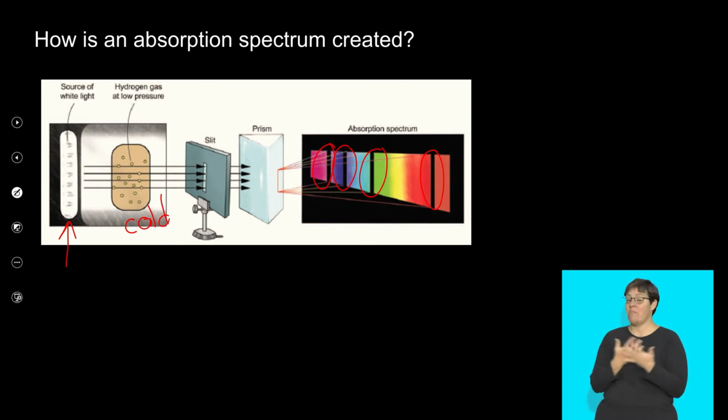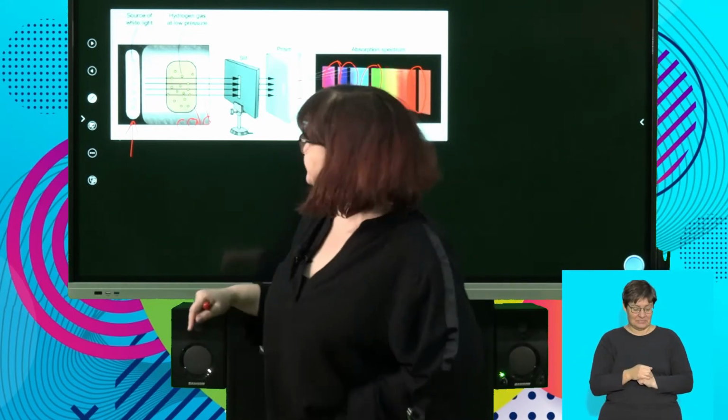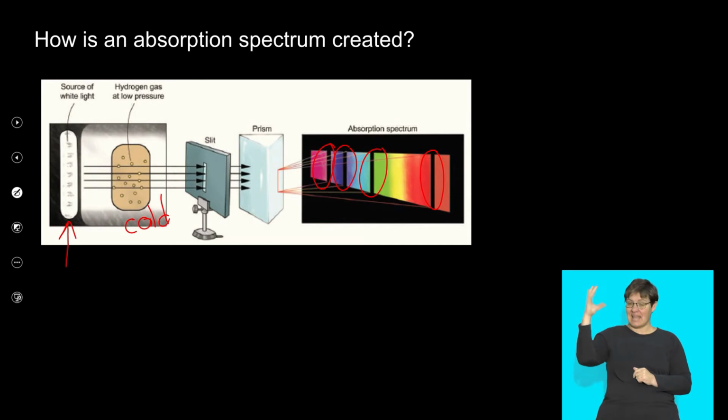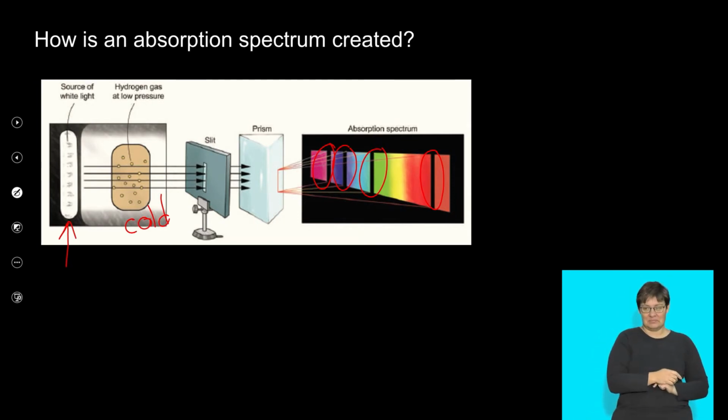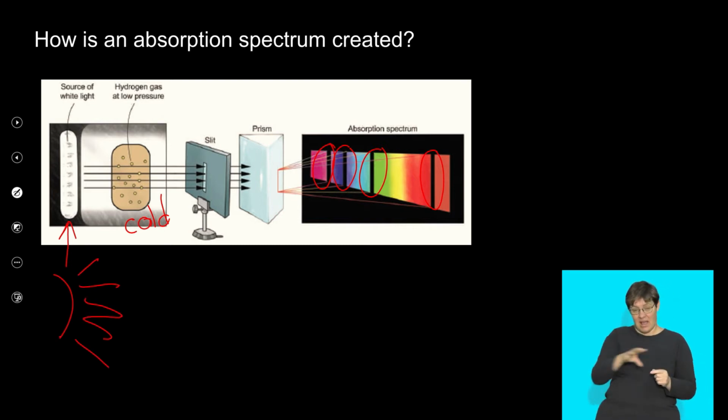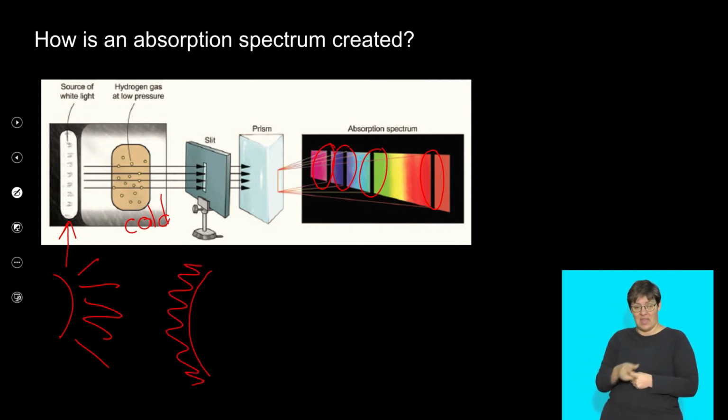The more complicated the atom and the element, the more complicated this becomes, okay? And with the sun, they actually get it from this process. The sun gives off light. When it gets to the Earth's atmosphere, it is actually like a cold gas for it.